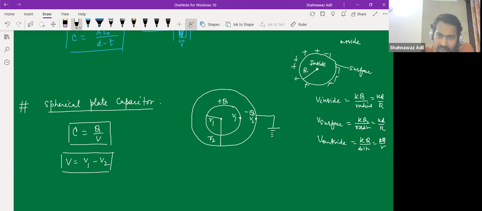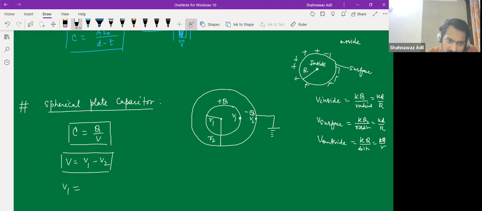Let us calculate V1 first. How many contributions would be there for this point? Two, right? Because we have this one sphere and then the second sphere.